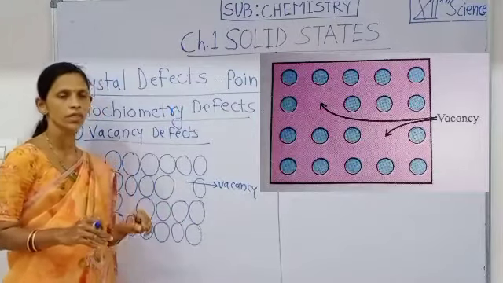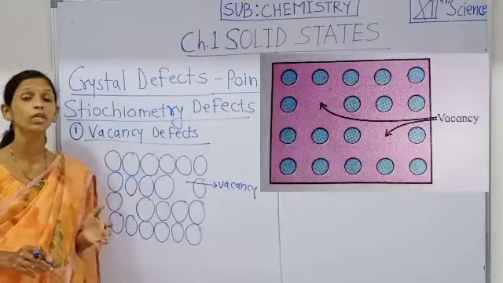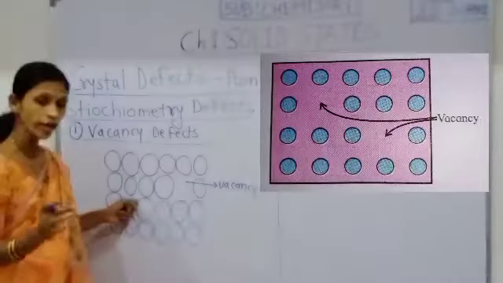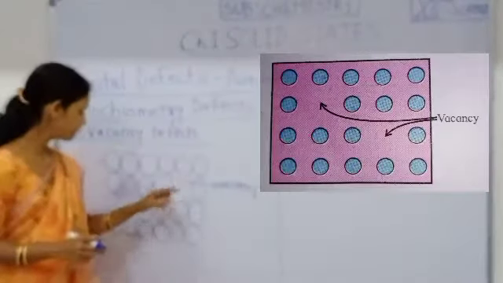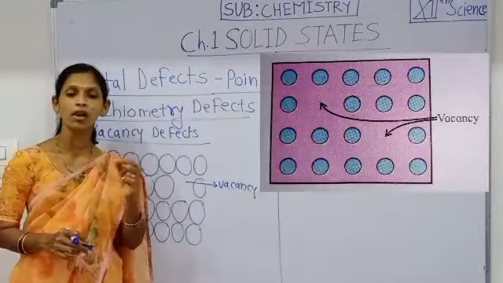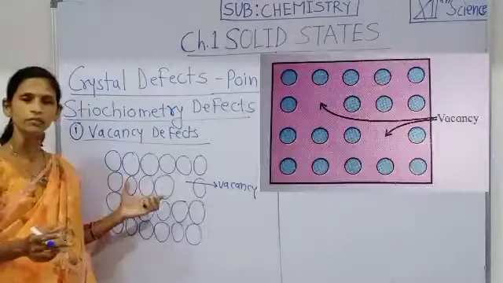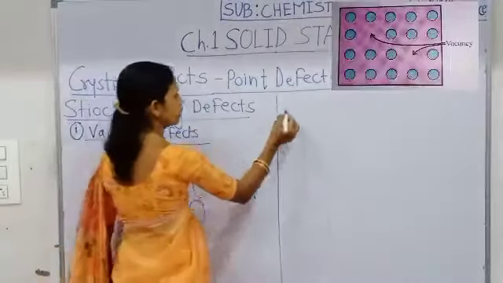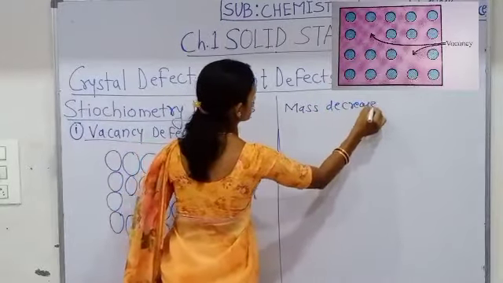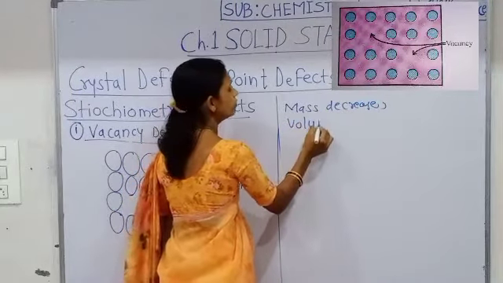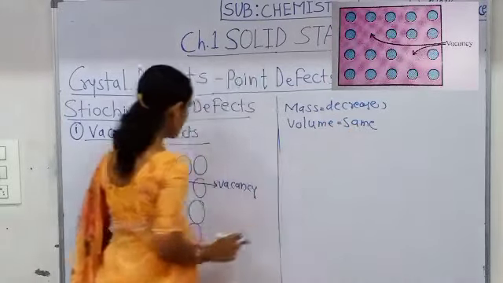Vacancy defect is also developed due to the heating of the crystal. There is an absence of particles in the crystal lattice structure, and therefore the mass of the crystal lattice decreases and the volume remains the same.